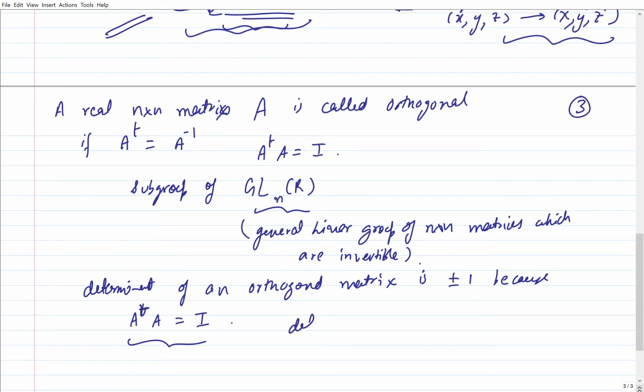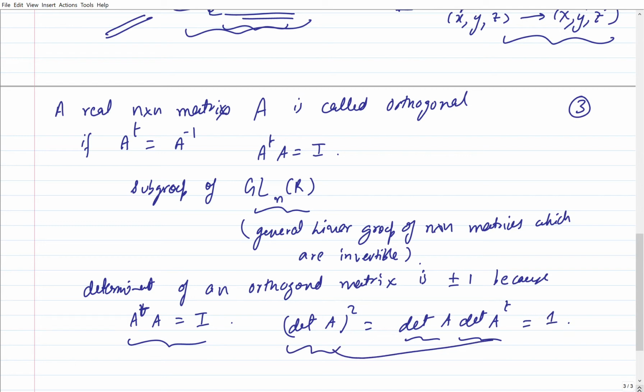So you have determinant of A, the whole squared, equals determinant of A times determinant of A transpose, because the determinant of the transpose is the same as the determinant of the original matrix, and that equals 1. Hence the determinant of A is either plus 1 or minus 1.